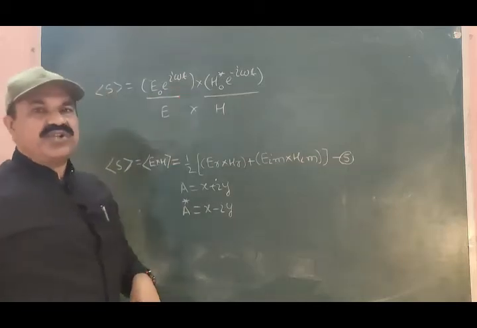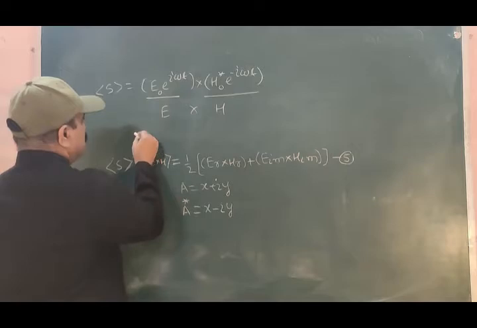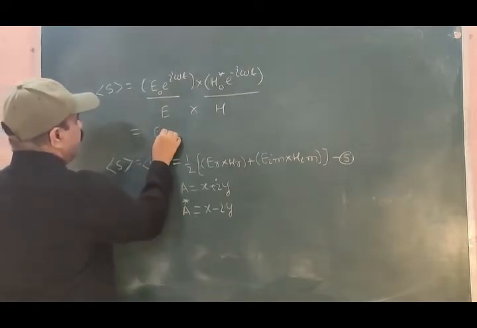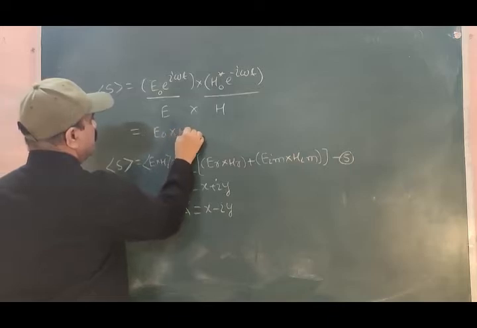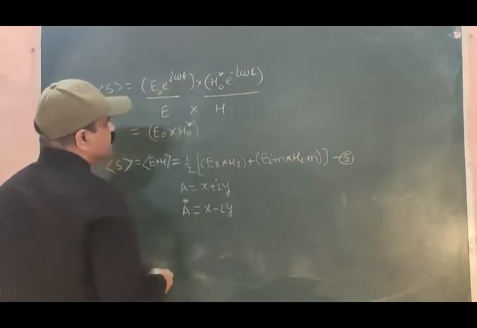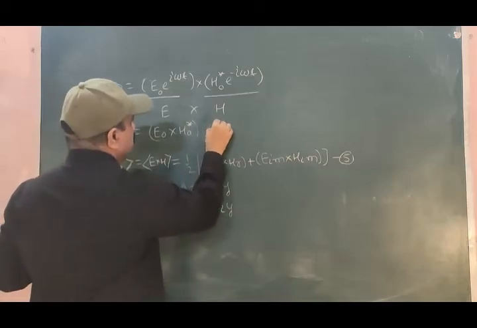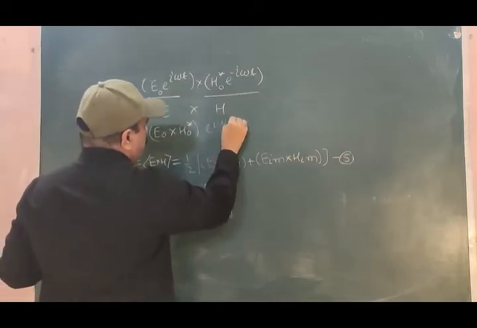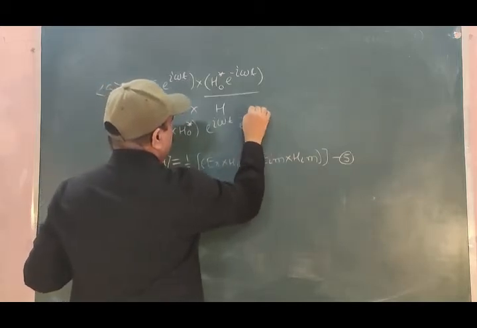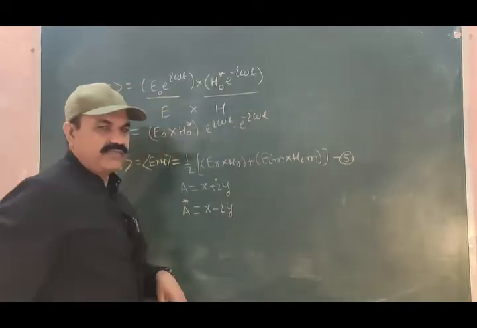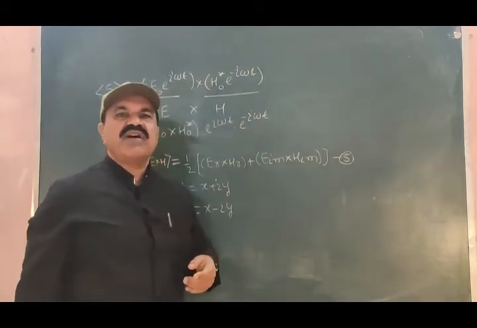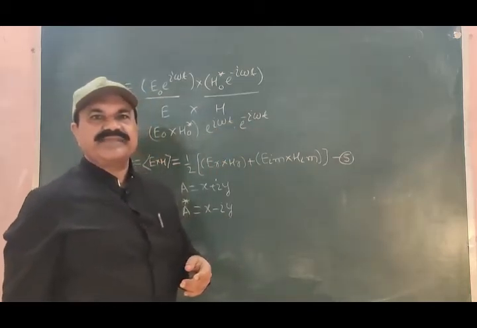If we take the cross product of these two, we will have E0 cross H0 star into e to the power i omega t into e to the power minus i omega t. What is the product of e to the power i omega t and e to the power minus i omega t?